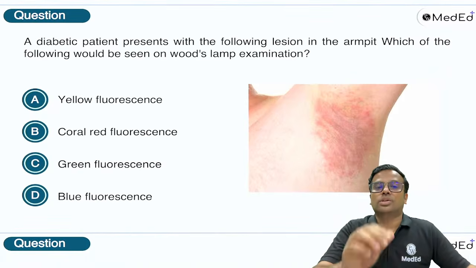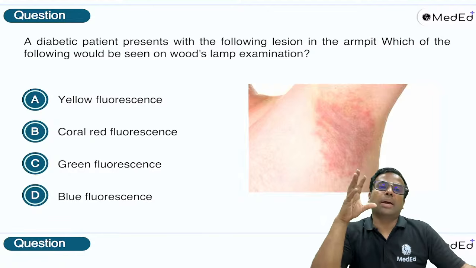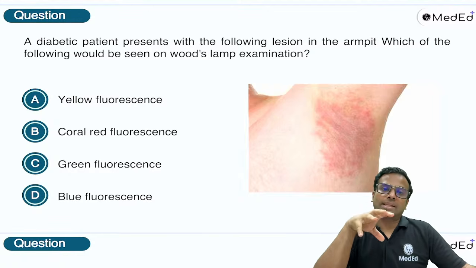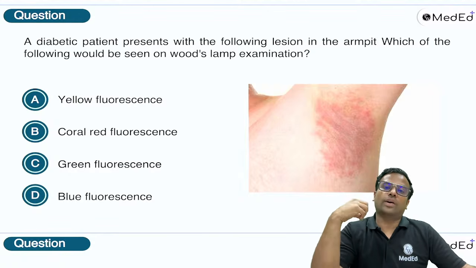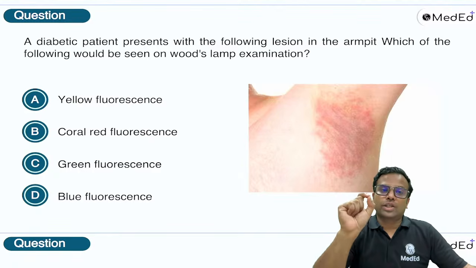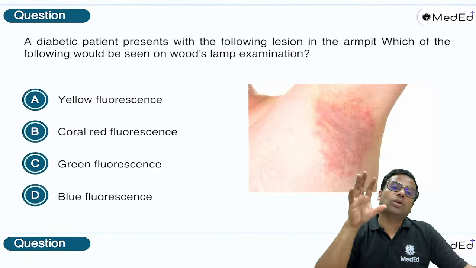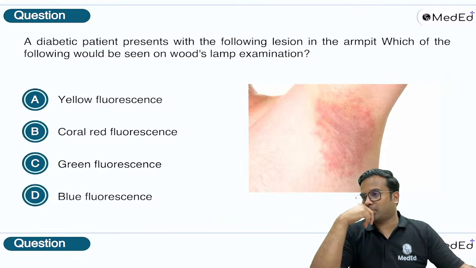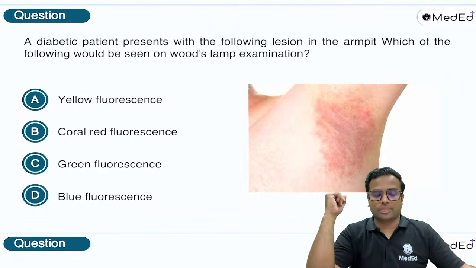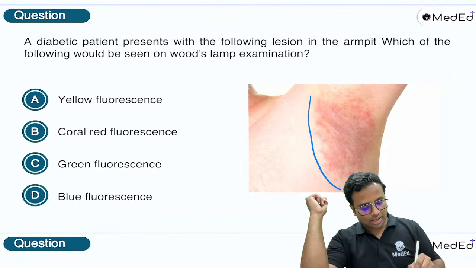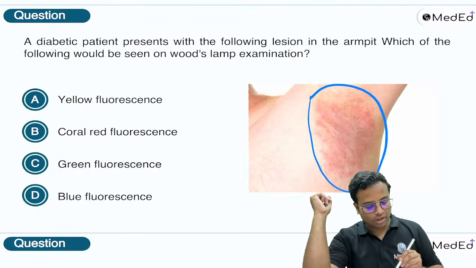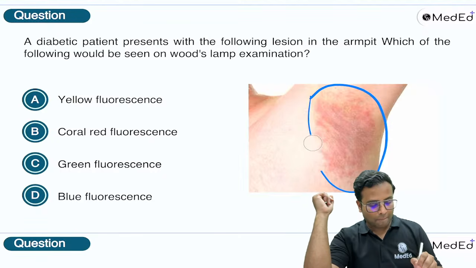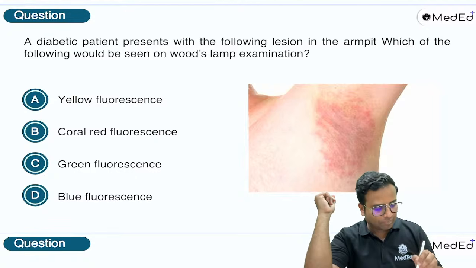So the next question is, a diabetic patient presents with the following lesion over the armpit. Which of the following would be seen on a Wood's lamp examination? Now just see this image. You can see that there is a hyperpigmented lesion over the axilla and the patient is diabetic here.